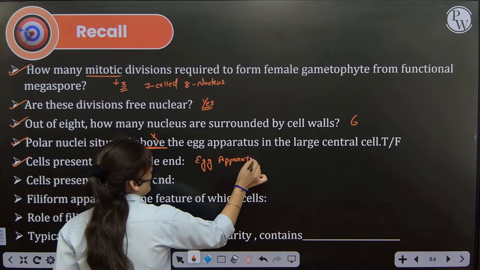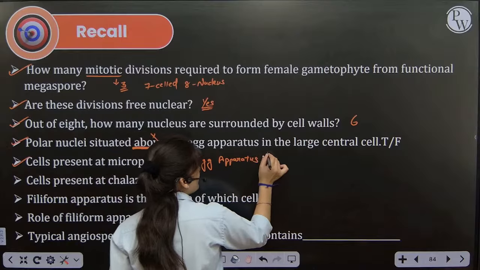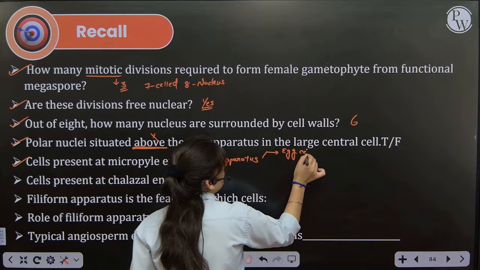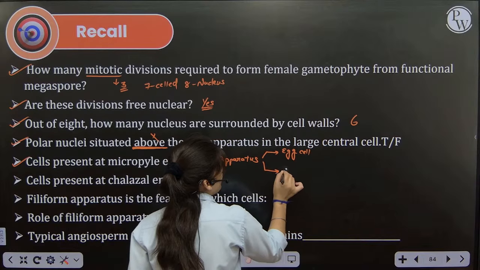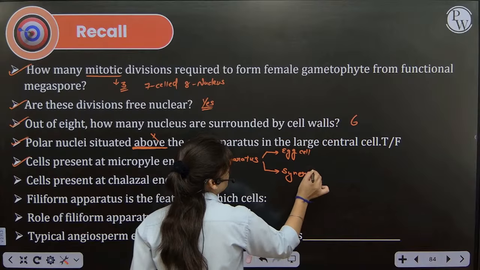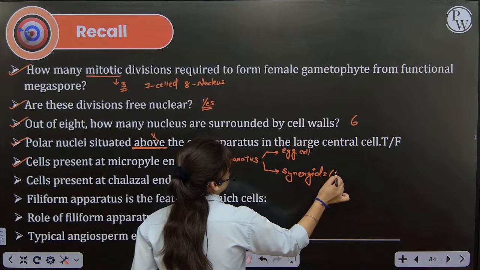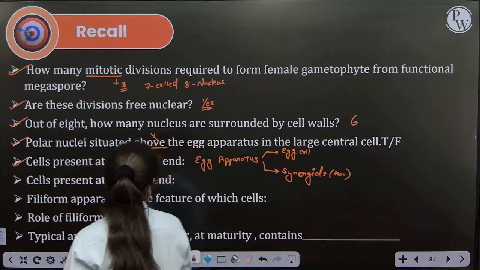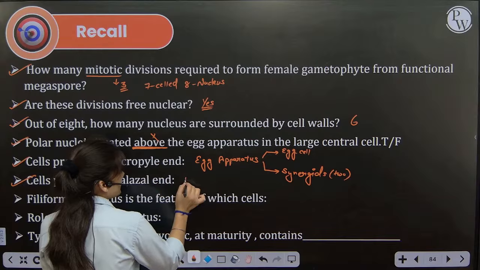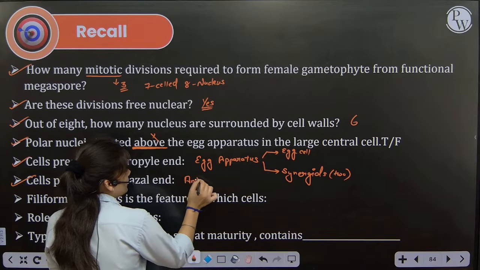And egg apparatus has two parts, egg cell and two synergids. Cells which are present at chalazal end are known as antipodals.